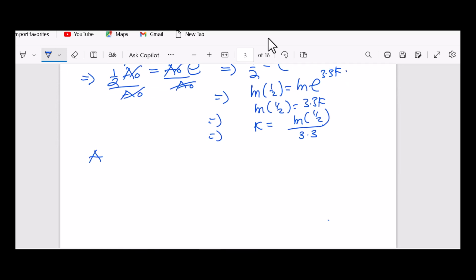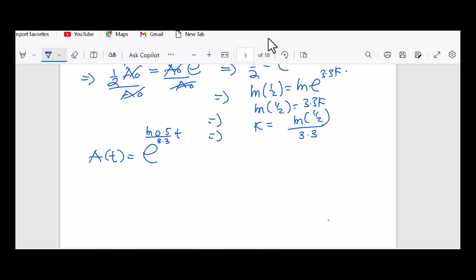We now have A of t equals e power ln of 0.5 over 3.3, times t. This is our model now.